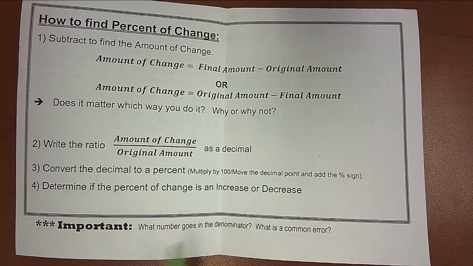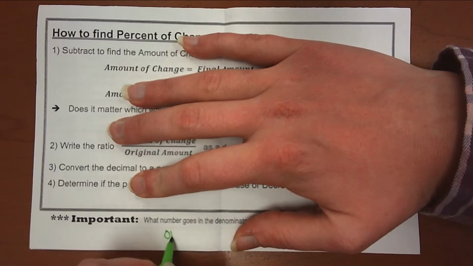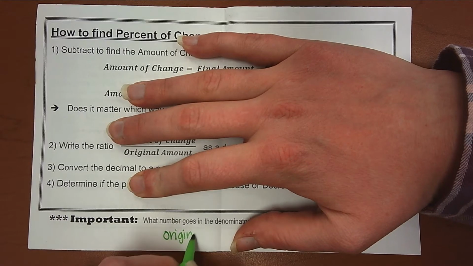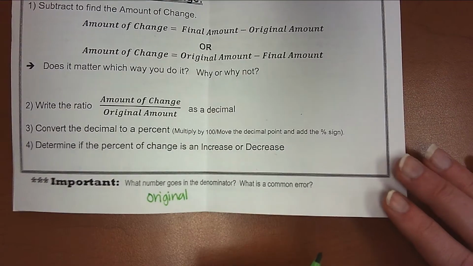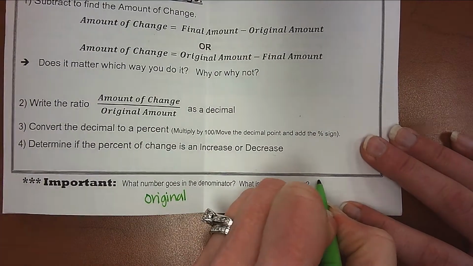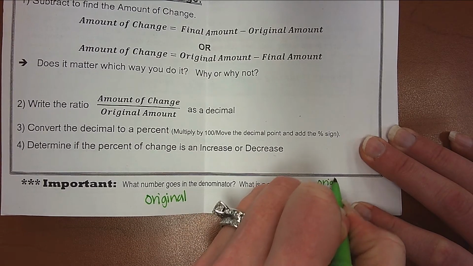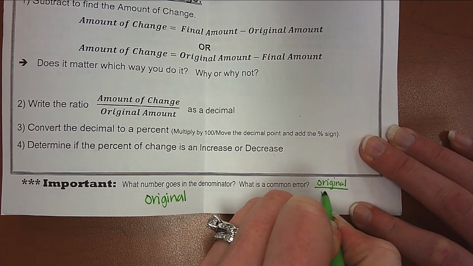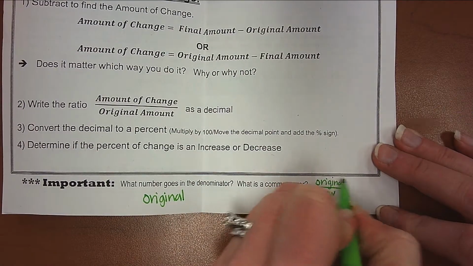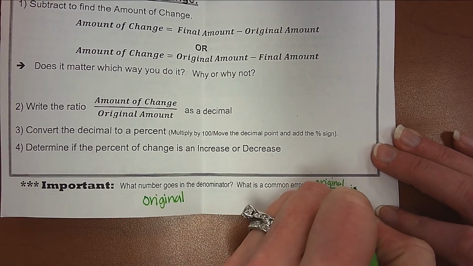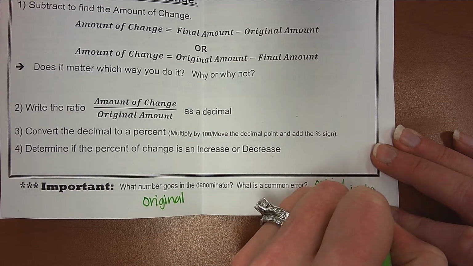So what number goes in the denominator? The original. And then what is a common error? A lot of people want to put the original over the new. It's really important that we don't do this, and that instead we find the change.